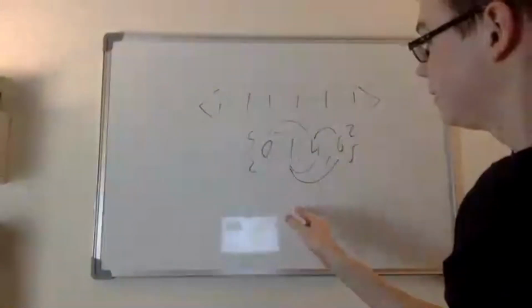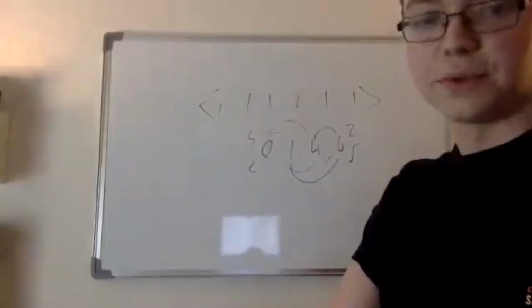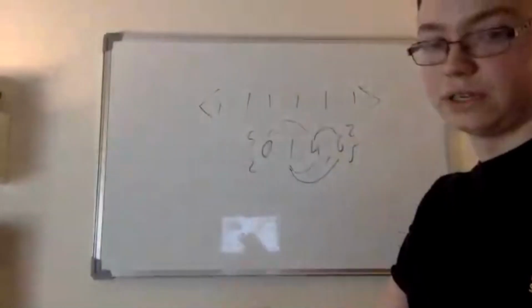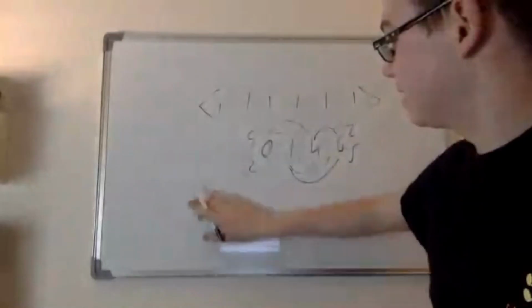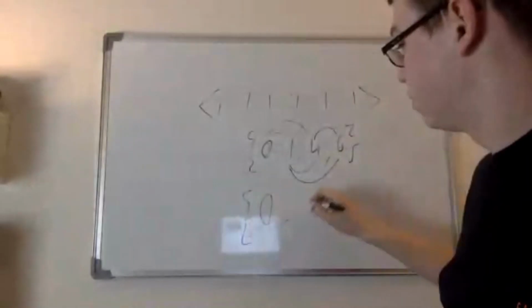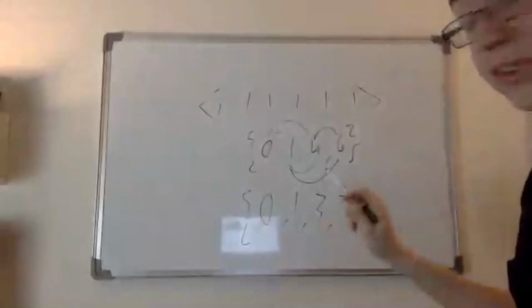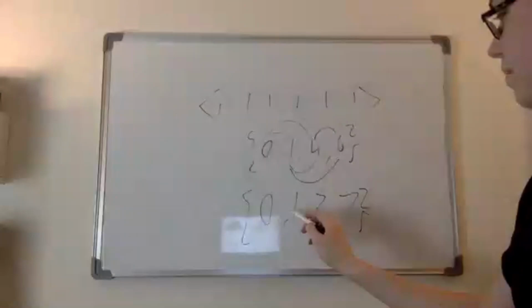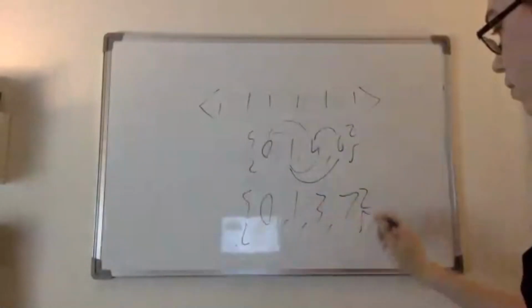Now, there's another set that has this same property. This is what I was talking about: sets that have the same interval vector but are not equivalent to each other by transposition or inversion. So if I take the set 0, 1, 3, 7 and do the same thing, you'll find the same interval vector: one semitone, one major second, one minor third, one major third, one perfect fourth, one tritone.